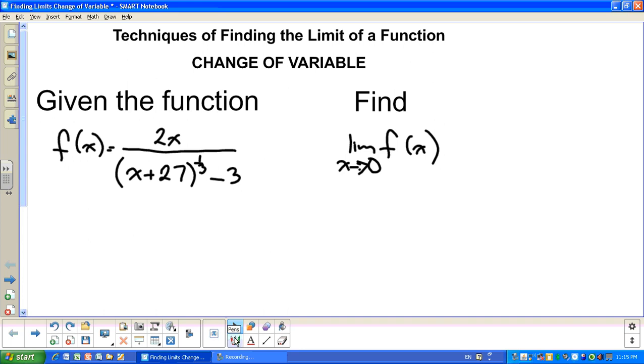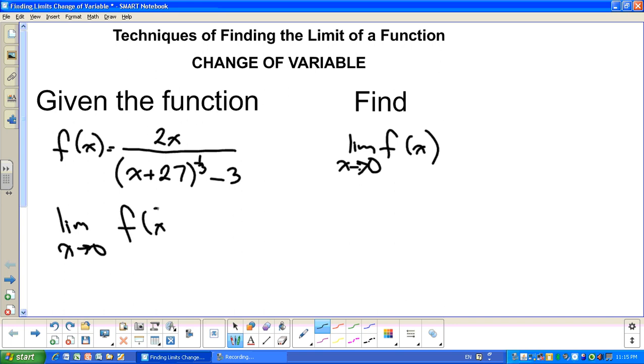Now, as usual, whenever we start evaluating a limit, we want to see if at that point x equals 0, the function has a discontinuity. So we will substitute the value x equals 0 into the equation, and let's see what happens.